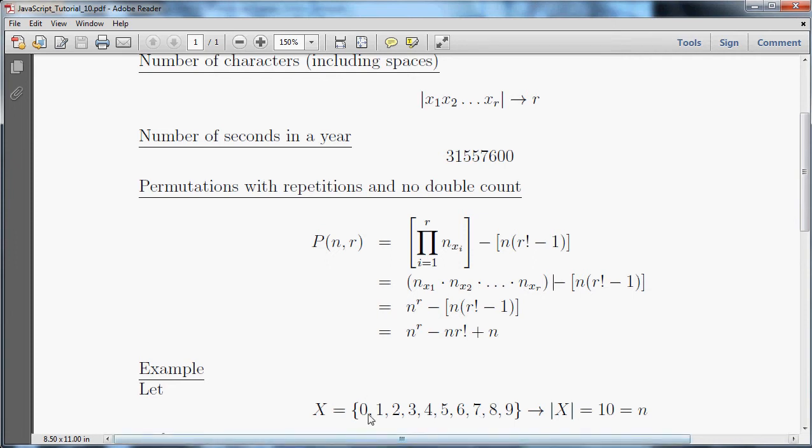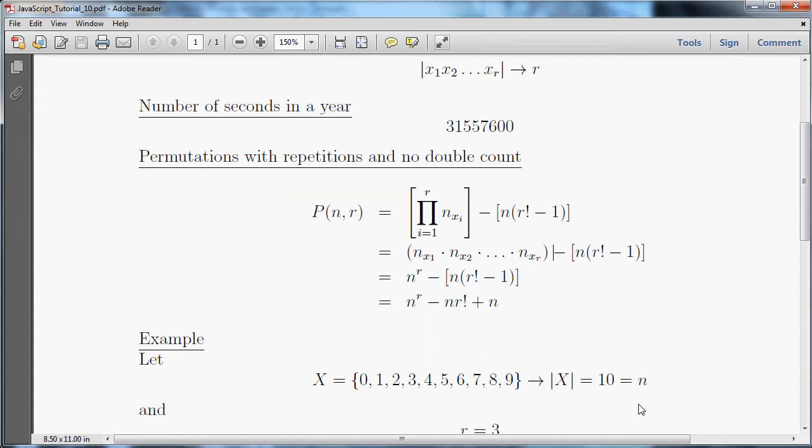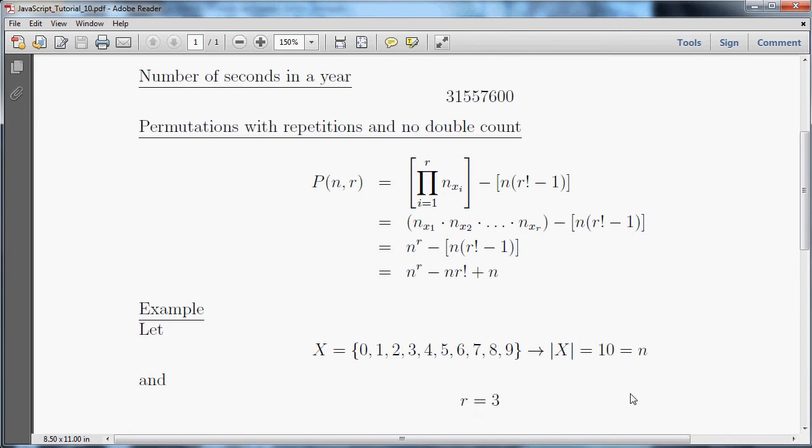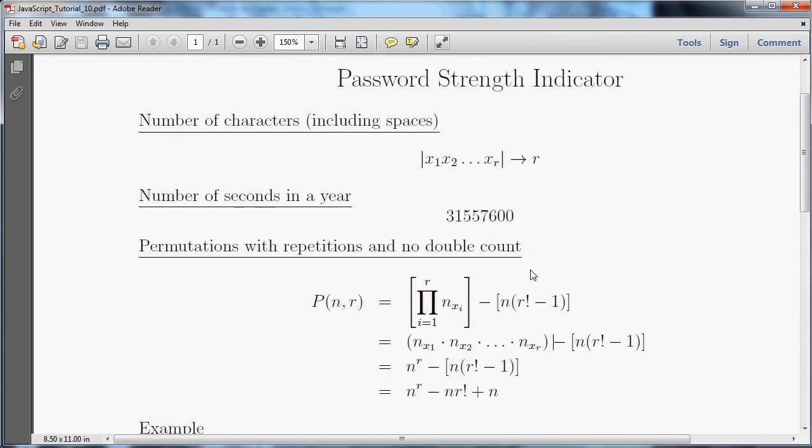So as you can see, we have 10 digits. That will be our pool of characters that we're going to use to make our password. So let's say we want to make a 3-character password. So R will be 3. Okay, remember we said it here.